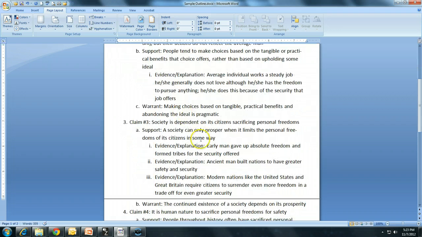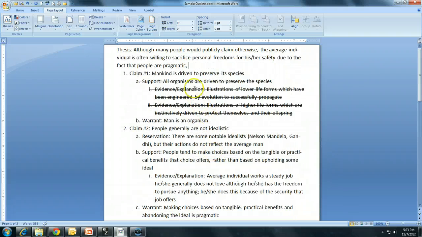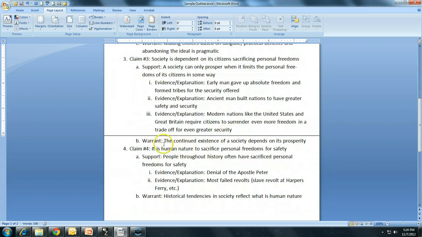People are community oriented. People are pragmatic, community oriented, and it's human nature to sacrifice personal freedoms for safety.